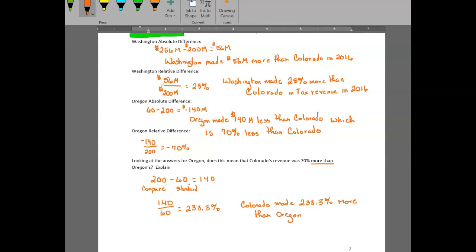We cannot just flip our negative percent and make it a positive percent and change the wording. We have to actually go through and recalculate, because what we're doing is changing our standard, which changes our percentage. Anytime we change our denominator, that means we're changing our fraction and therefore changing our computation.